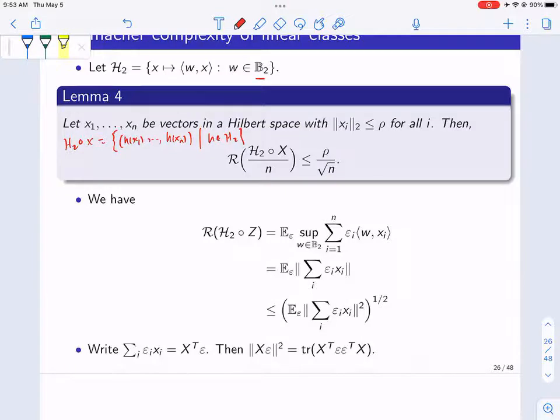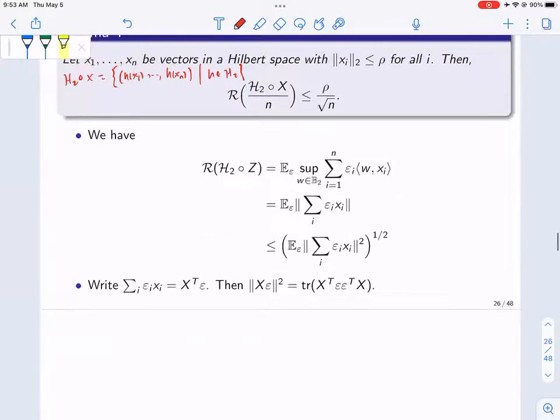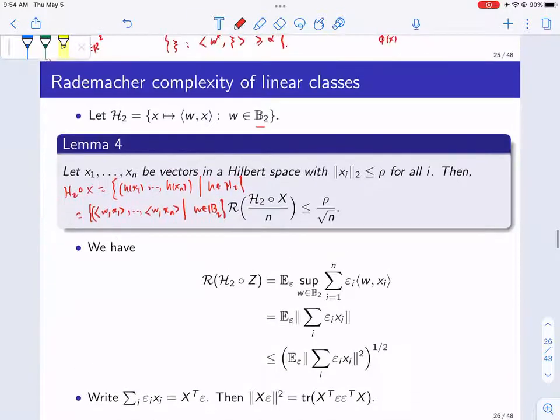So that's by definition of the Rademacher complexity. It's the supremum over the inner product of a Rademacher vector with this vector. And in our case, this would be just the set of all things that can be written as (Wx1 up to Wxn), where W is in B2. So B2 is the ball of radius 1.